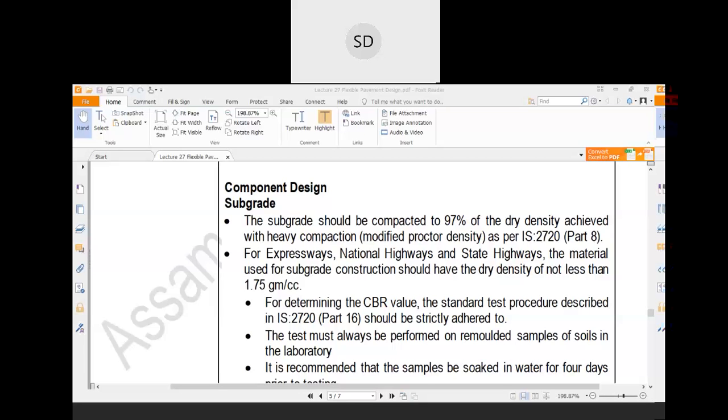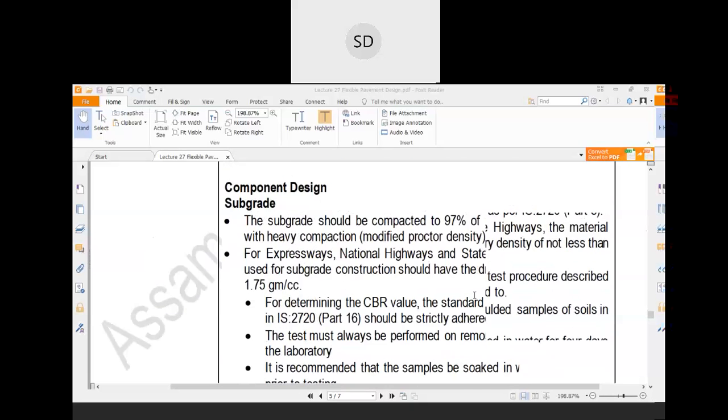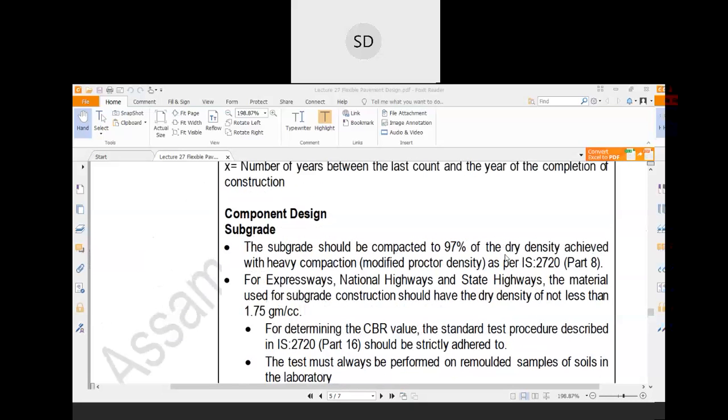Is there any problem? Hello, anybody is available? Yes, sir. Somebody messaged me that there is one election from Arunachal Pradesh and requested me not to continue the class. So is there any election or is there any issue with you?